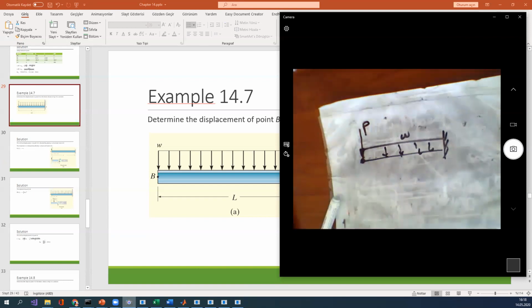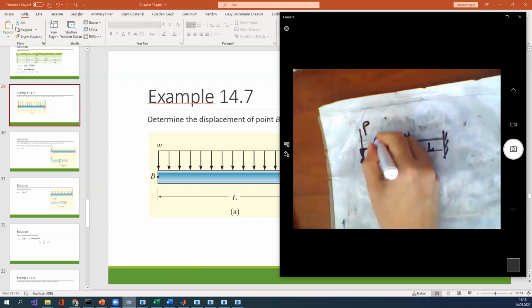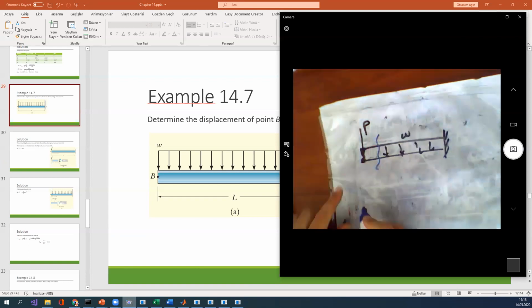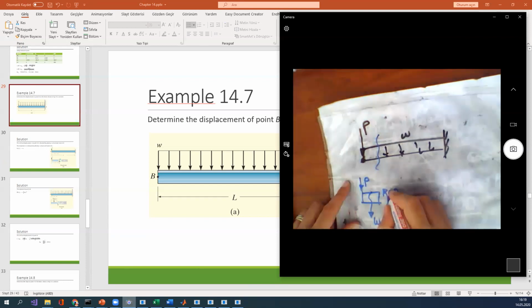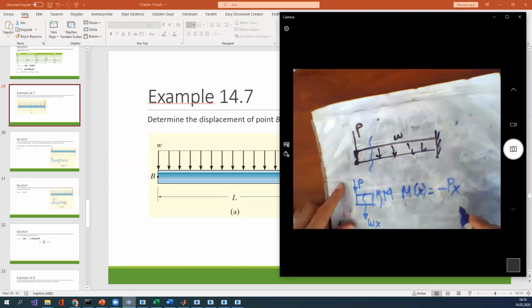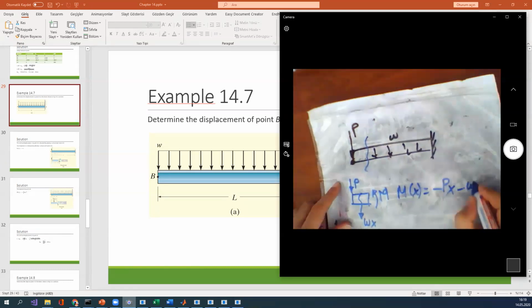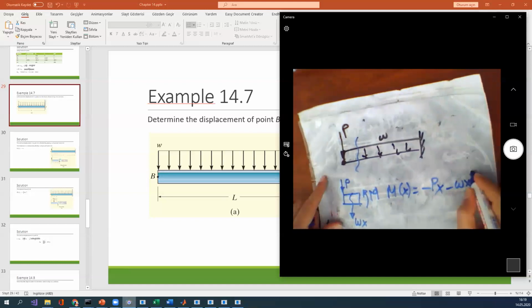I want to take a cross section in here, and this moment, this is omega x, this is P in here. This is x divided by 2, this length is x. Capital M of x is equal to minus Px minus omega x squared divided by 2.